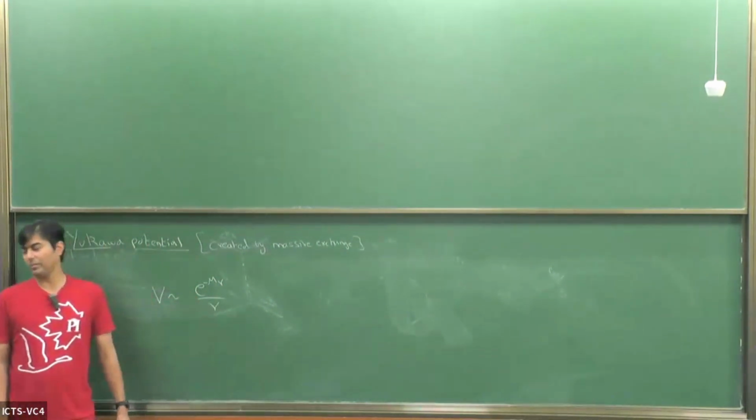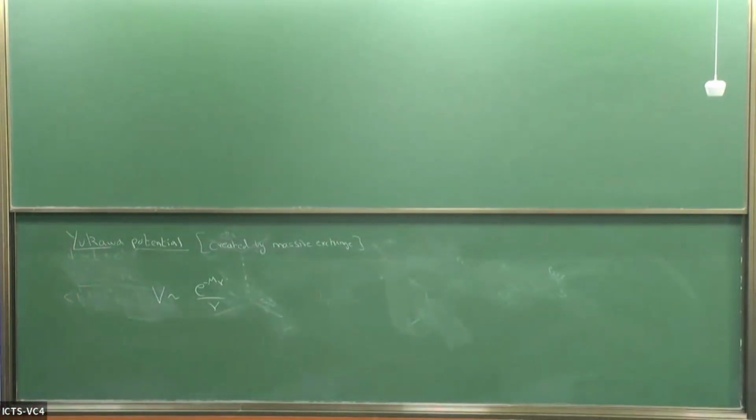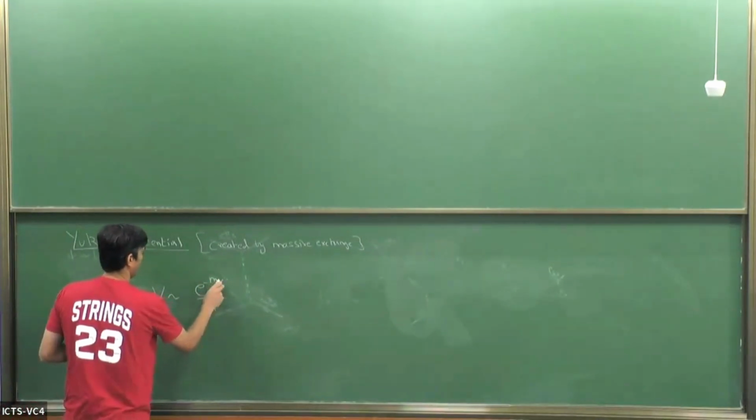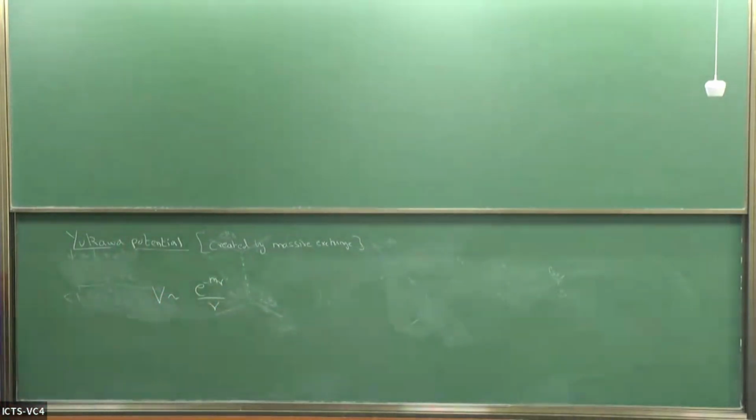So this is the statement that, if you have two particles separated by a distance r, you can think of them as interacting with this potential, which goes like e to the minus m r by r, where m is the mass of the particle that's exchanged. So this is something which is physical. What it tells you is that if you have a massless particle, then you get long range forces.